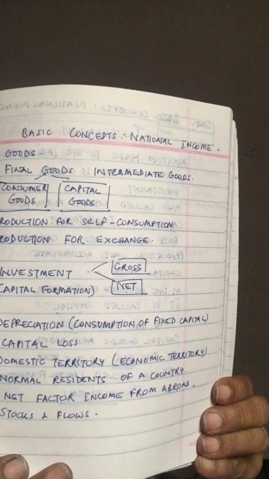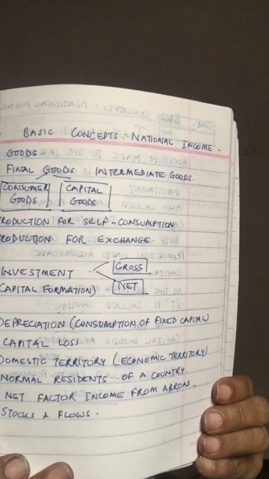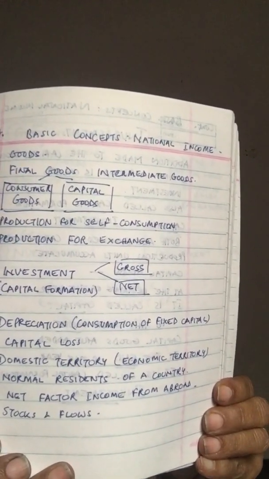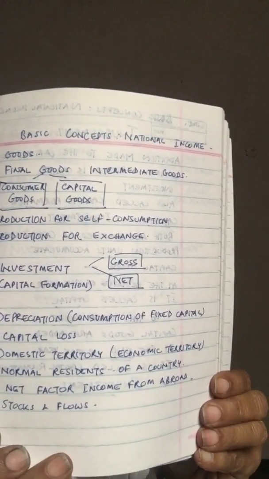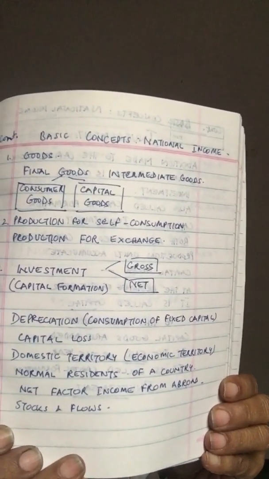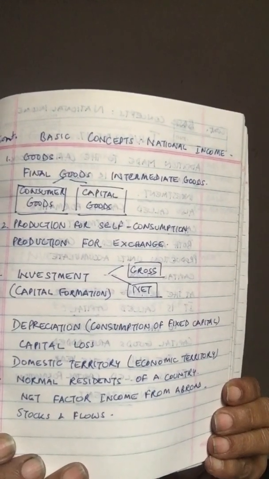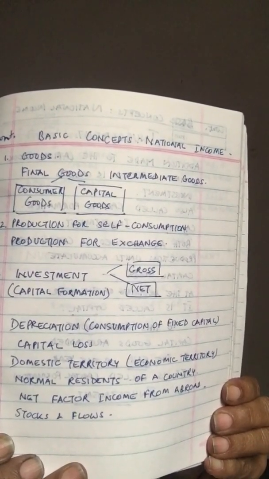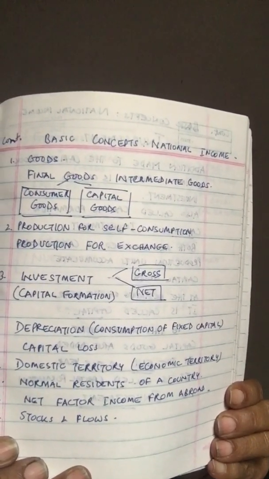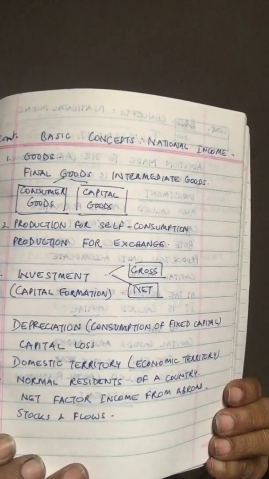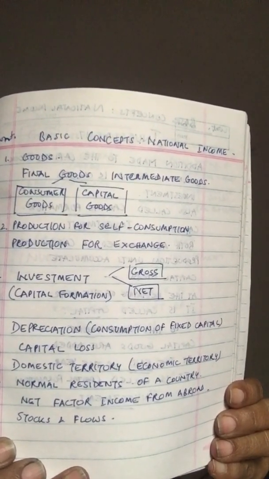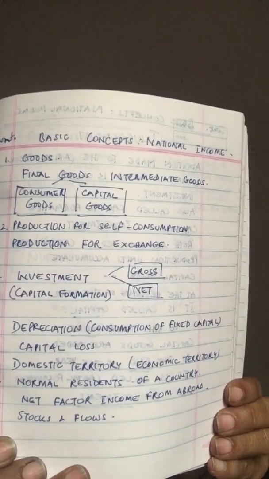So this is as opposed to citizen and residents, to make a difference between the two and understand, because only when you understand domestic territory of a country and the normal resident of a country will you be able to know what is net factor income from abroad. So we can work that out. And then we're going to talk about stocks and flows. So with that, we are going to go to investment in the next class.